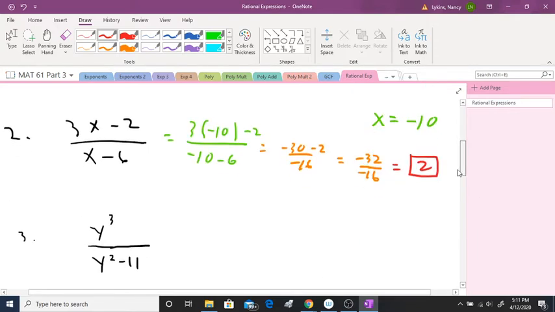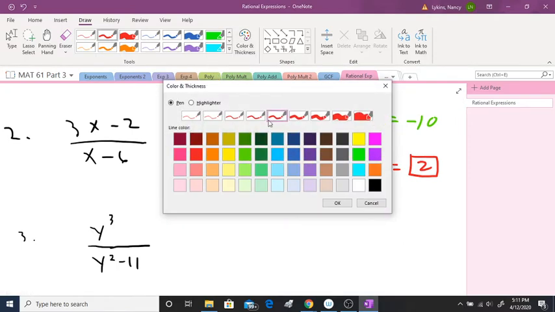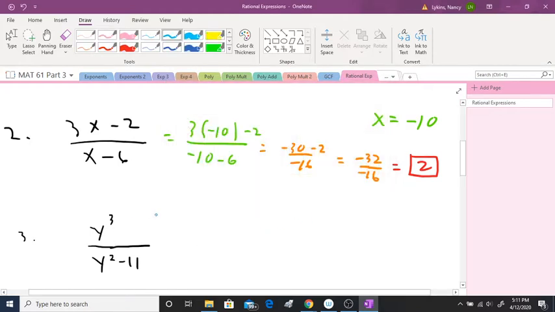Now I can throw in some exponents. y to the third over y squared minus 11. And this time I'm going to say y equals, let's make it negative. So that means I'm going to put negative 4 to the third power over negative 4 squared minus 11.